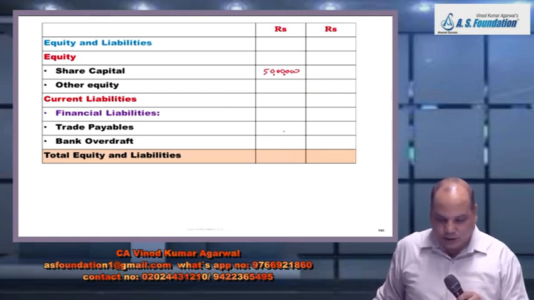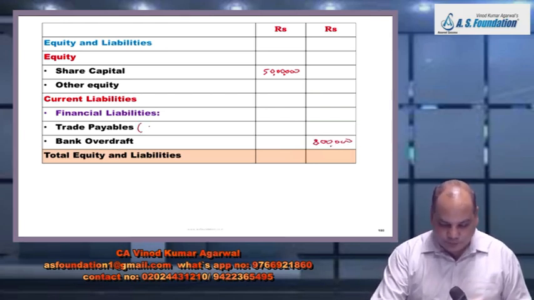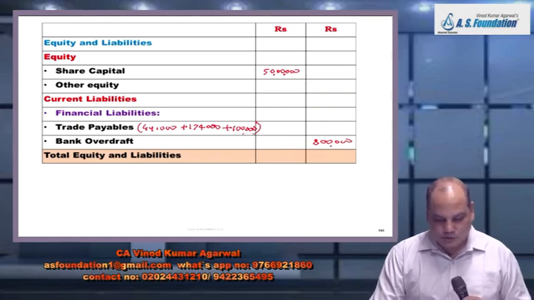Now just quickly add trade payable, but before trade payable, bank overdraft 8 lakh. Trade payable has a small adjustment. If you see below, 4,41,000 plus 1,74,000, and there is a fair value adjustment also of 1 lakh.